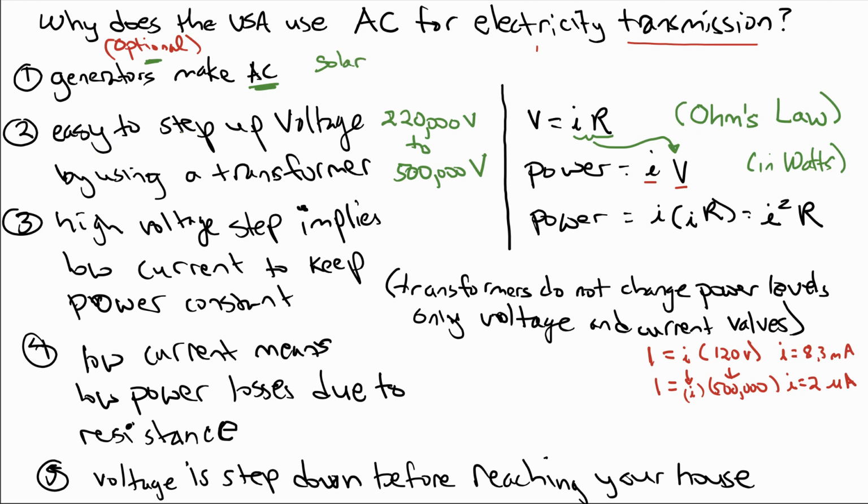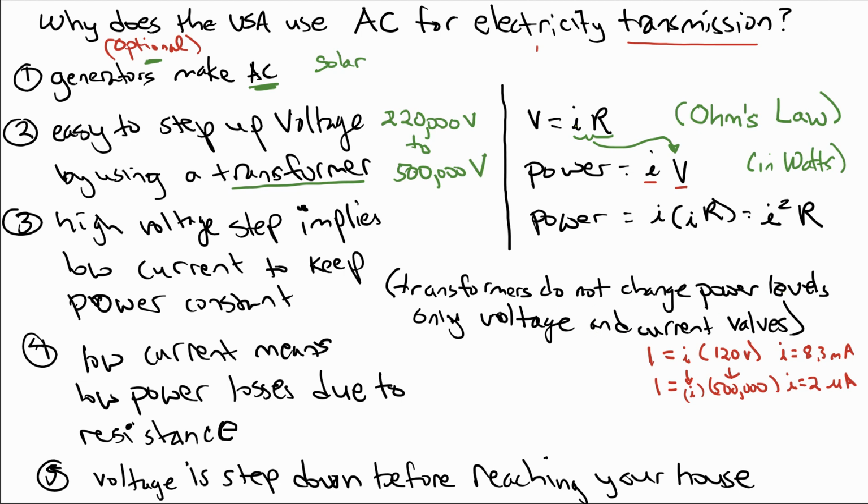It's easy to step up voltage by using a transformer. Okay, and so the transmission power lines may be in the 200,000 to 500,000 volts. Okay, and high voltage implies low current, okay? And the reason is that transformers do not change power levels, only voltages and currents.